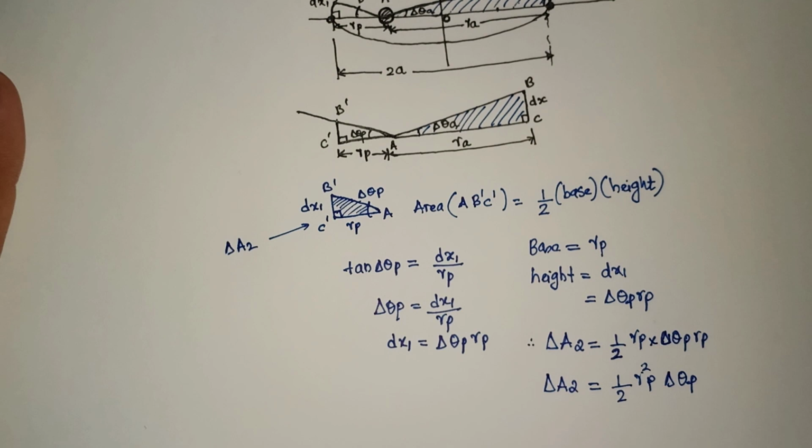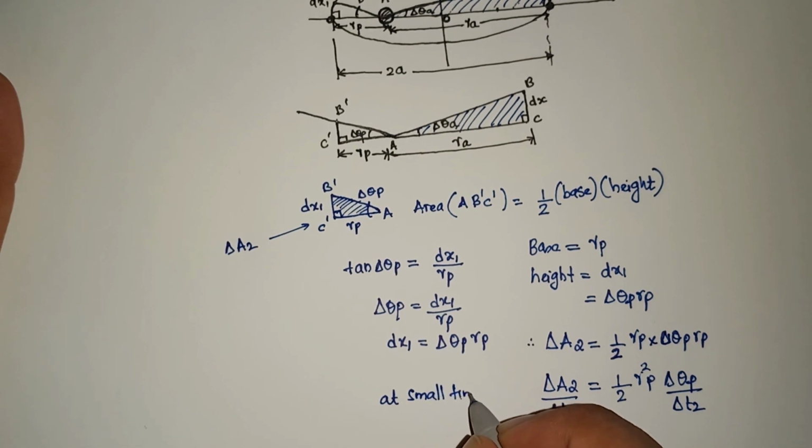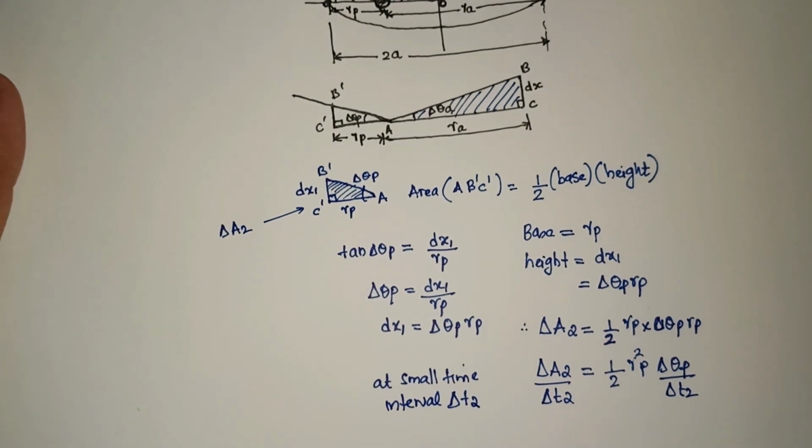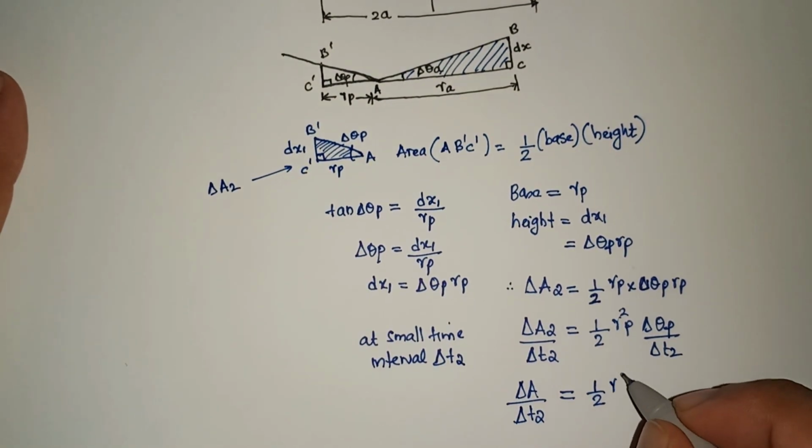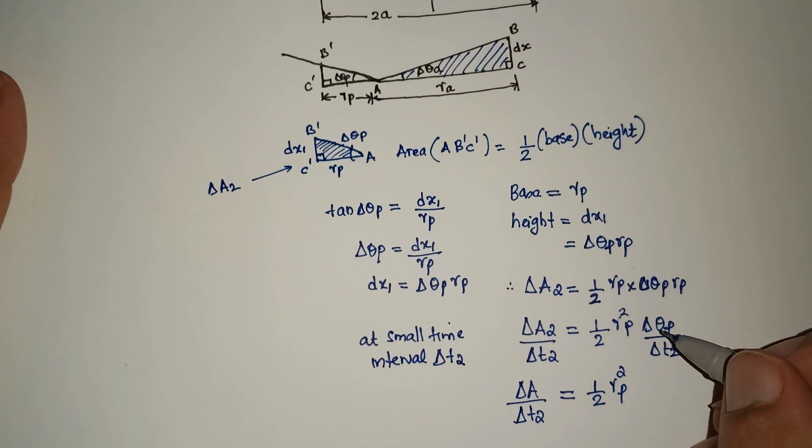As this is happening, this sweeping of area is happening at some interval of time. Let's say for periapsis or perihelion, it is happening in delta t2. So if I divide by delta t2, at a small interval of time delta t2, now you have delta a by delta t2, which is going to be half into r square p into delta theta p divided by delta t2.